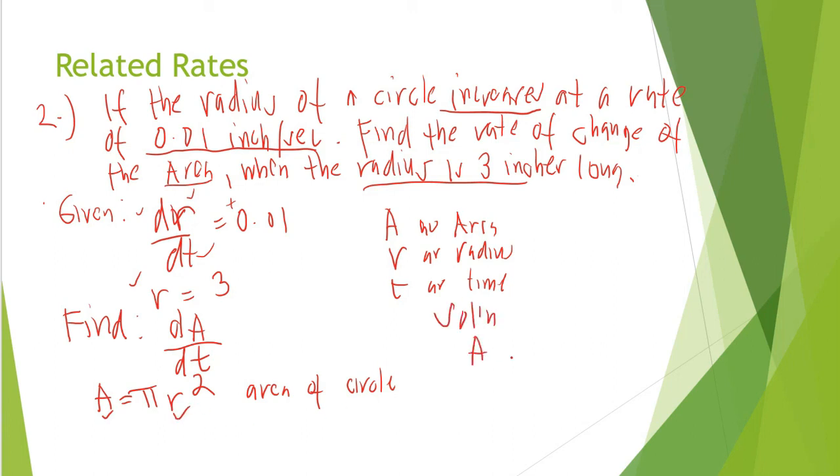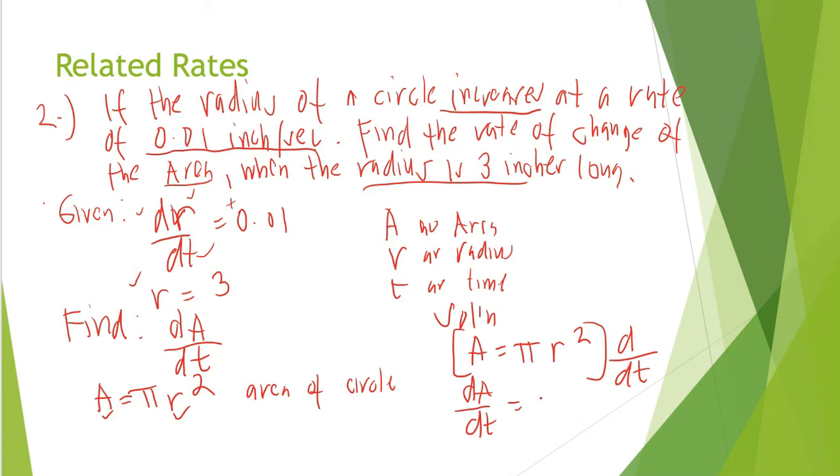Sabi nga natin, yung working equation natin na gagamitin, which shows the relationship between the area and the radius, is the area of the circle. Now, gagawin natin is we differentiate both sides with respect to time. So this becomes dA over dt equals to, so we differentiate pi r squared.